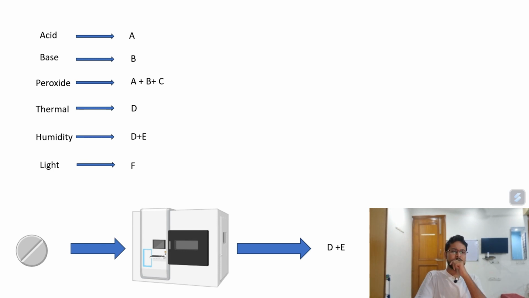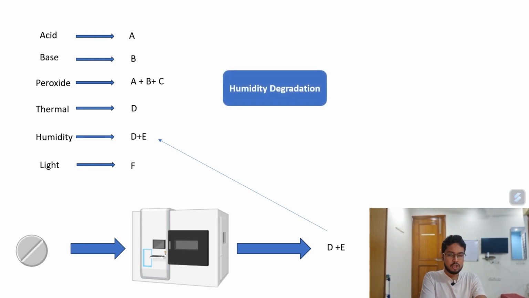Now we might think, there is D plus E, these two molecules are coming, so under what degradation did these molecules come? Then we go back to our stress studies or forced degradation studies, and we link it: these are the molecules which came in humidity, so there might be a humidity degradation.